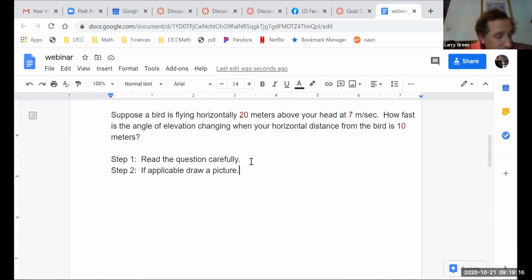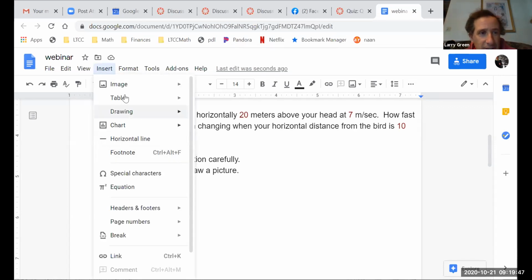Distance is 20. The bird is flying at 7 meters per second. And we want to find out the angle of elevation changing. Okay, so now that I've got it on paper, hopefully you have it on paper too, but now I'm going to show you.